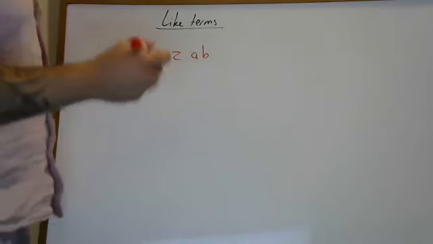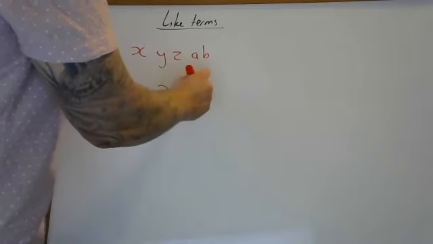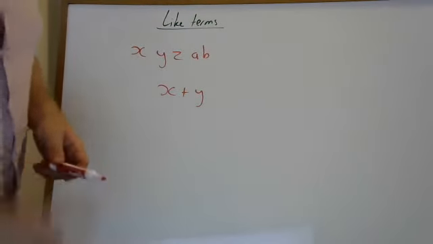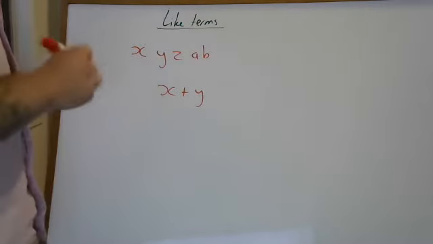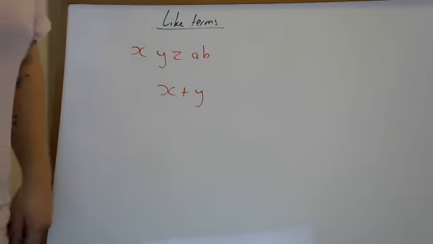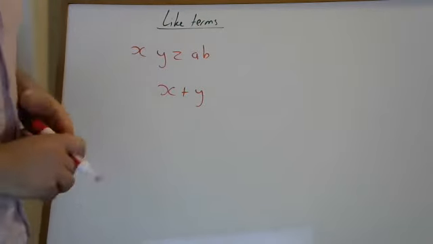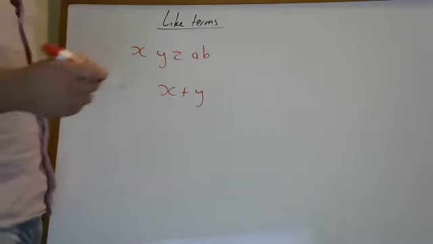So if we were to try and add X plus Y, would we be able to do that? So can we add X and Y? That's my question to you. No. We can only add like terms.